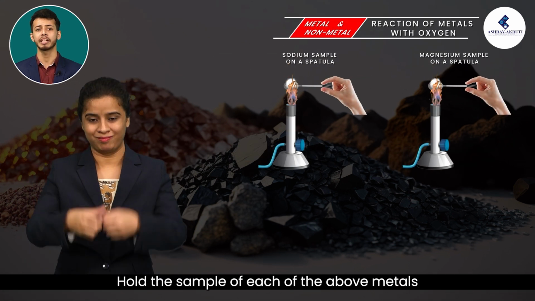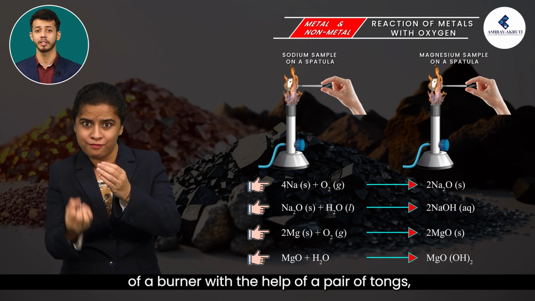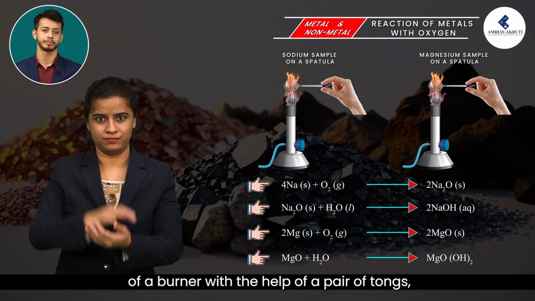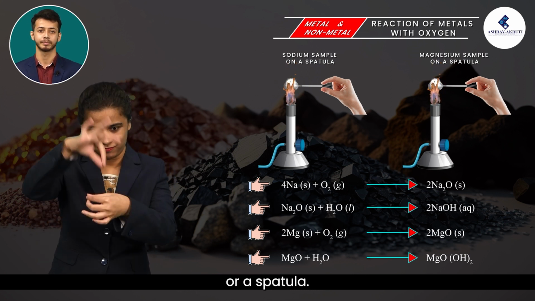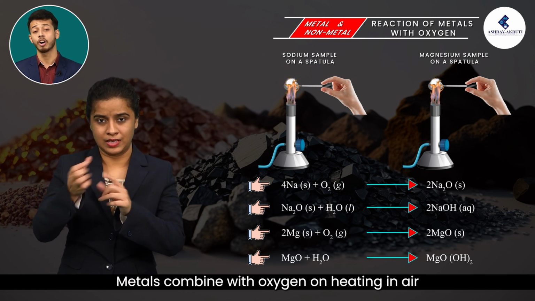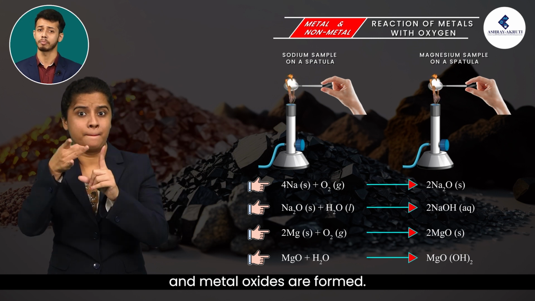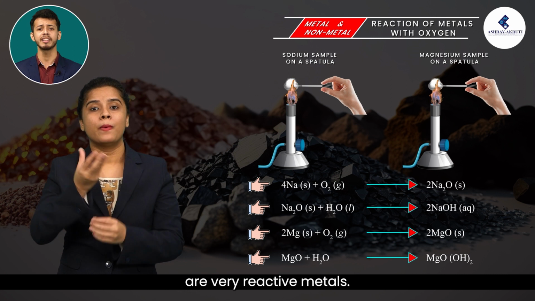Hold the sample of each of the above metals at the top of the flame of a burner with the help of a pair of tongs or a spatula. Metals combine with oxygen on heating in air and metal oxides are formed. Sodium and potassium are very reactive metals.